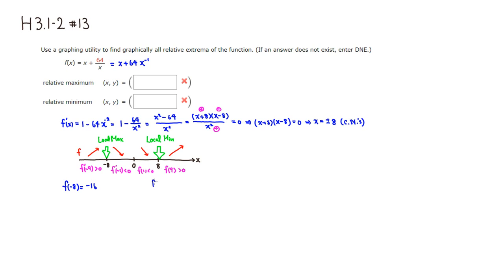And here we want to find f of 8, which is 8 plus 8, so it's going to be positive 16. So the local max is at -8 comma -16, and the local minimum is at positive 8, and the y value is positive 16.